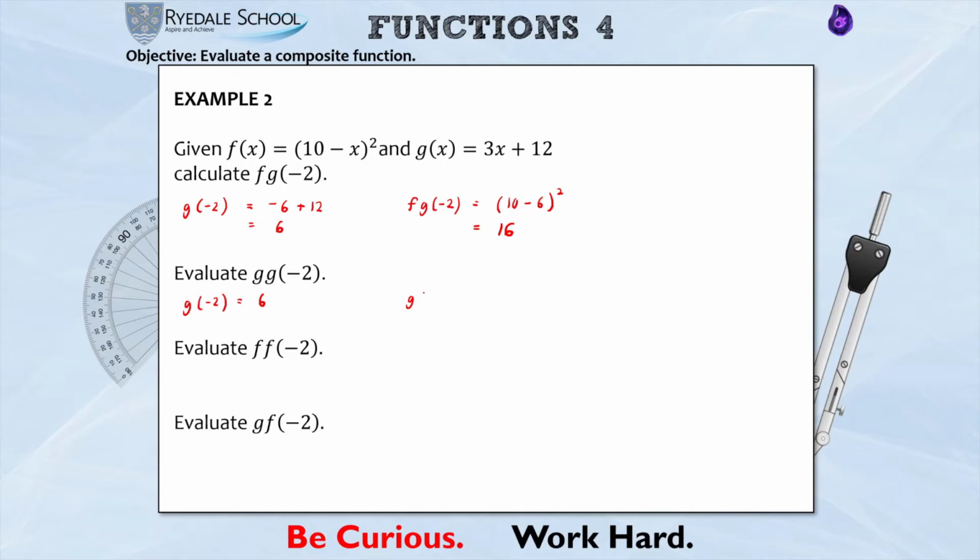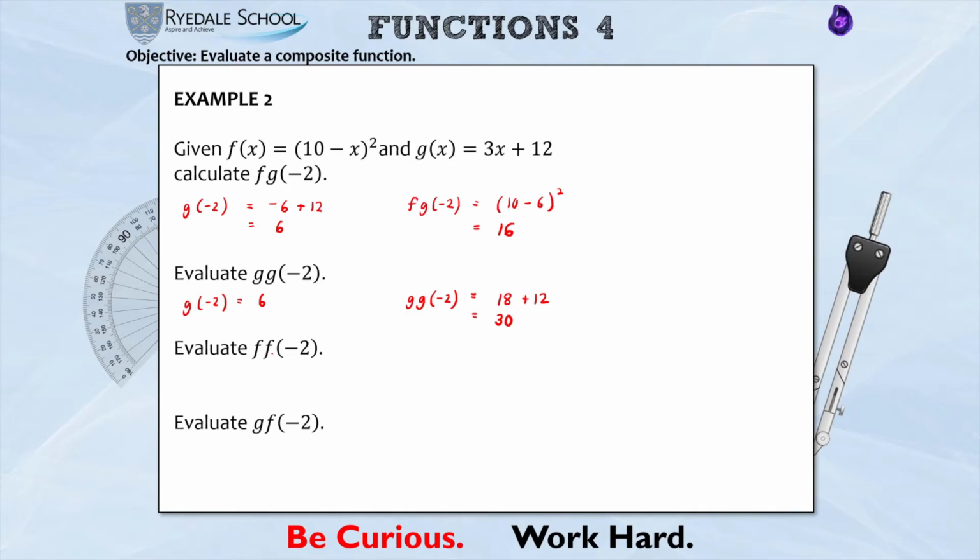So if I want to do g of g of negative 2, I now need to take my answer to g of negative 2, which was 6, and substitute it back into here again. So I'm now going to be doing 3 times 6, which is 18, add 12. So the answer to g of g of negative 2 would be 30.